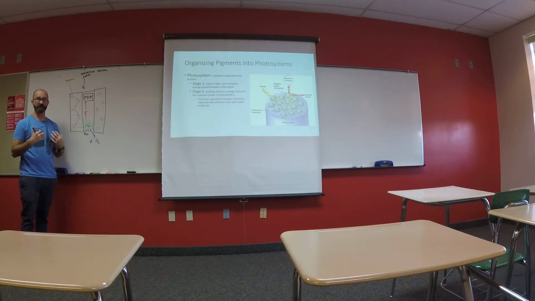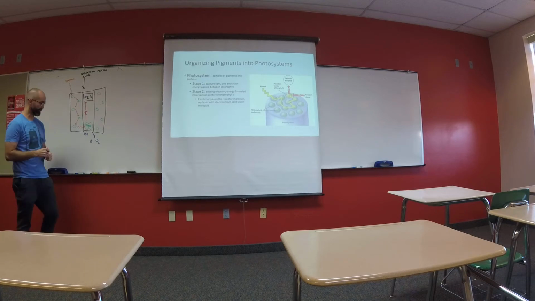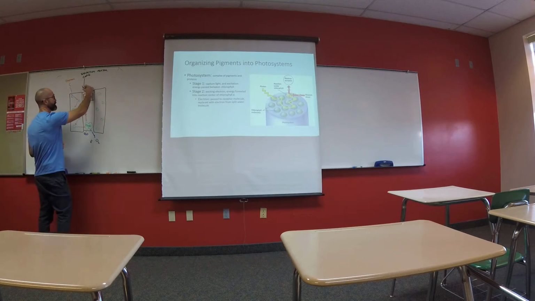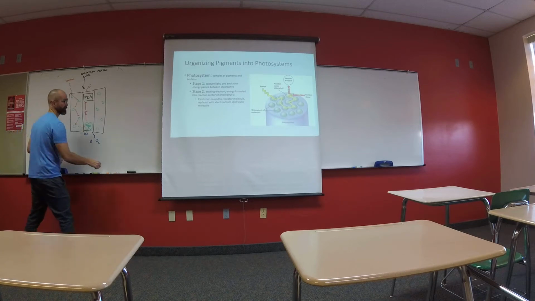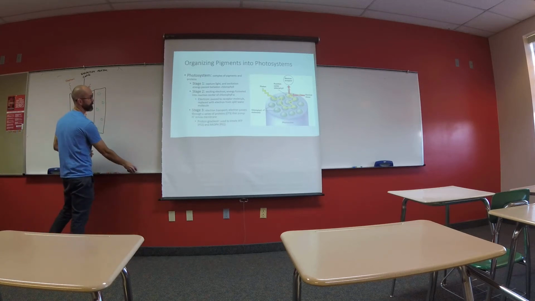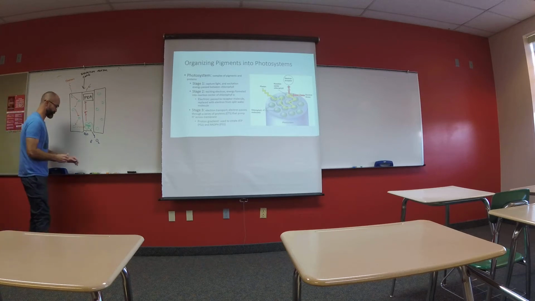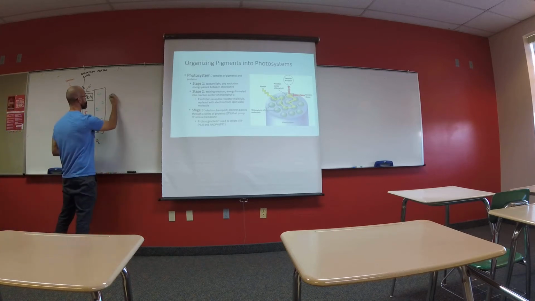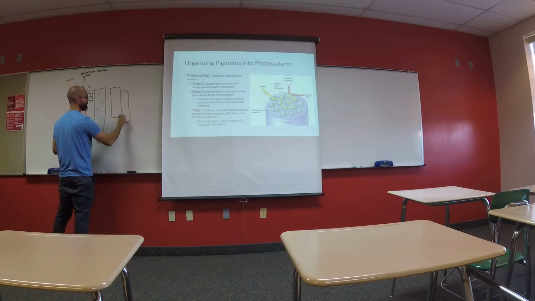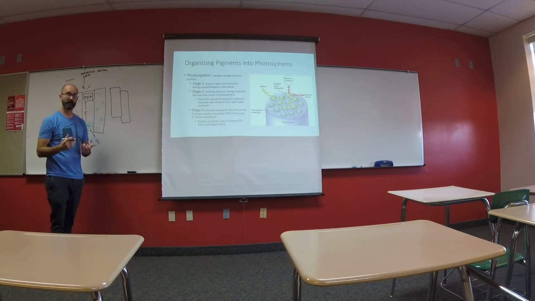It's been reduced. It doesn't hold on to it for very long. What it does is it passes that electron over to what's called the electron transport system, or the electron transport chain. The electron transport chain is a series of proteins that are used to create a proton gradient.